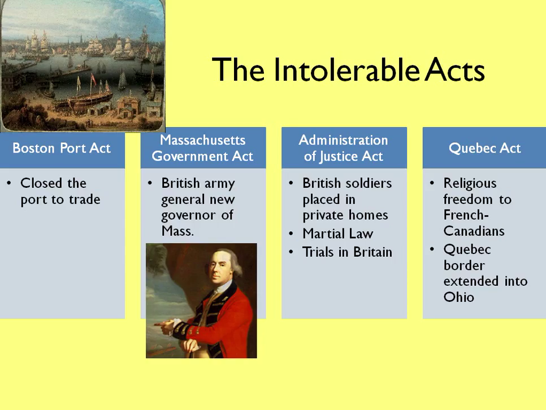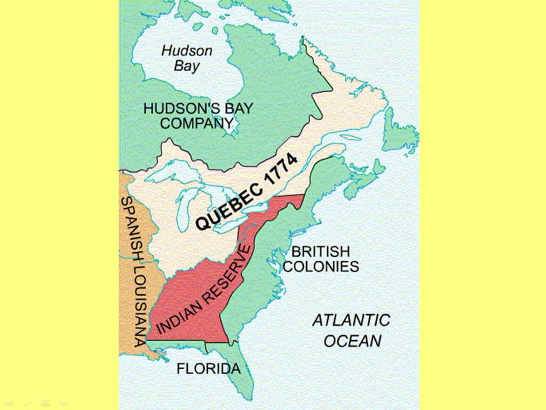To the anti-Catholic people of the colonies, particularly up in Boston, the descendants of the Puritans, this is outrageous. And then they extend the border of Quebec to include Ohio. What the heck? Just bad timing on the part of the British Empire that you get this.